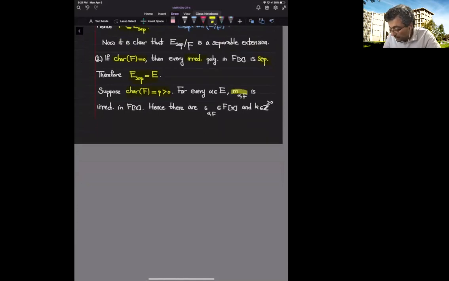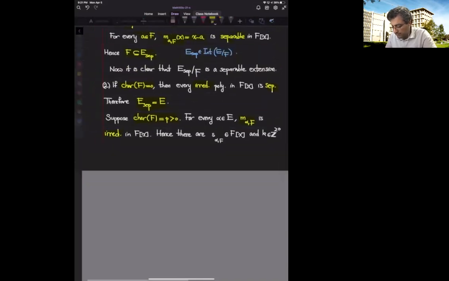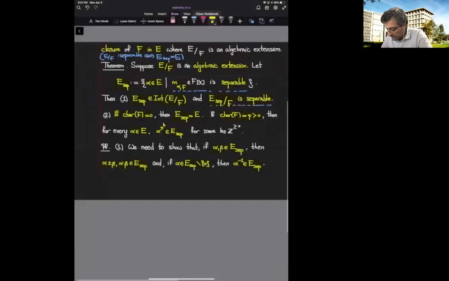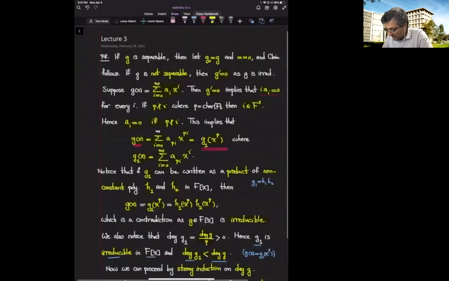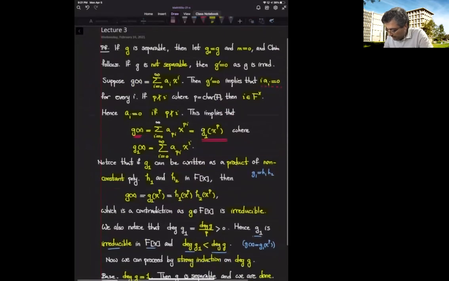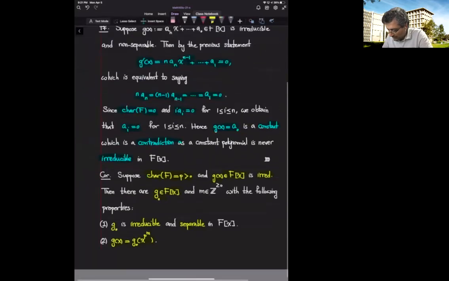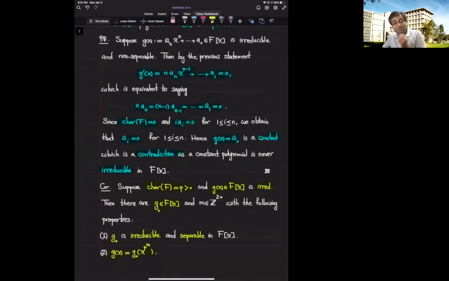In that case, the minimal polynomial of alpha over F is irreducible. Now, remember what we have proved about irreducible polynomials. We showed that if I give you an irreducible polynomial, then it has a separable form. You can find some g0 that is both irreducible and separable, and my original polynomial is just this g0 evaluated at x to the p to the m.